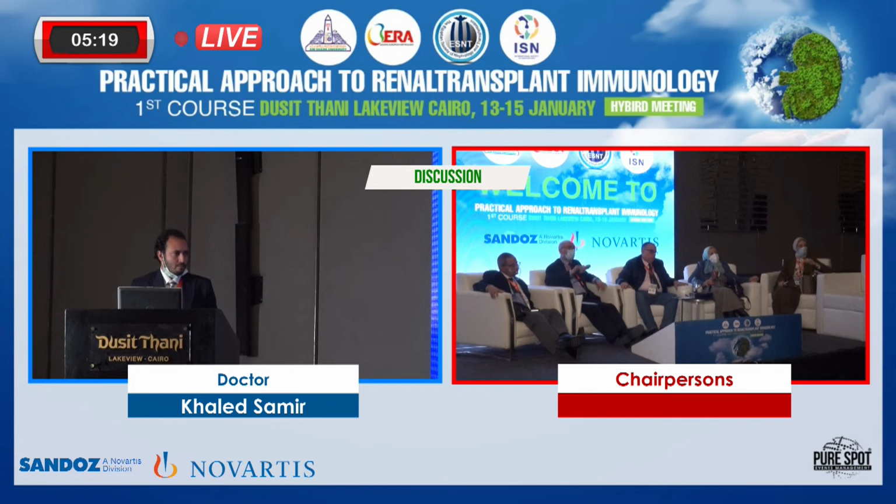Yeah, but once it's positive cross match, that's why I dealt with it as a desensitized patient, and that's why I used plasmapheresis and two doses of rituximab, not a single dose, one on day 0 and the other one after 2 weeks. And according to the progression of the case, we can say if we are needing more or not the use of rituximab or plasmapheresis.